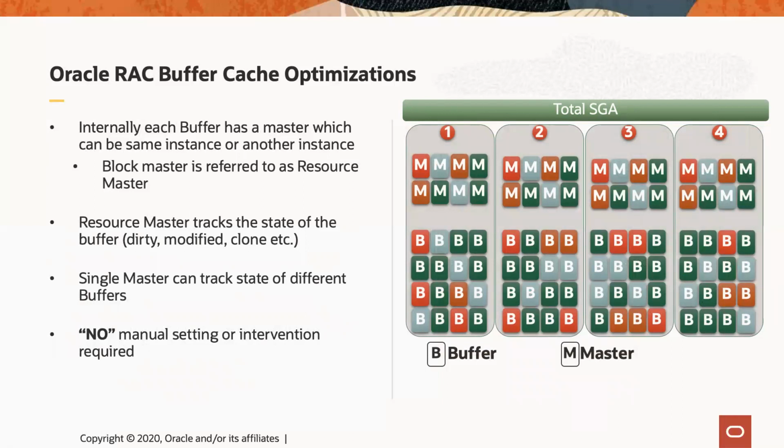Every block in the buffer has a master. The most important thing to understand is that the buffer and master could be on different nodes. However, the master knows everything about the buffer itself. If it's a dirty buffer, a clone buffer, and all that, the master knows everything about it.